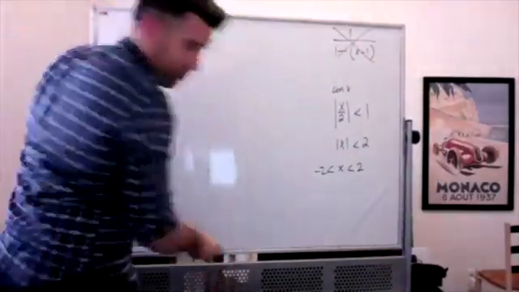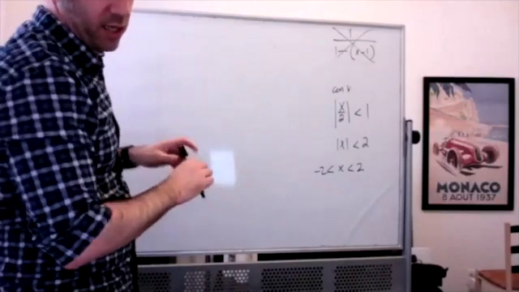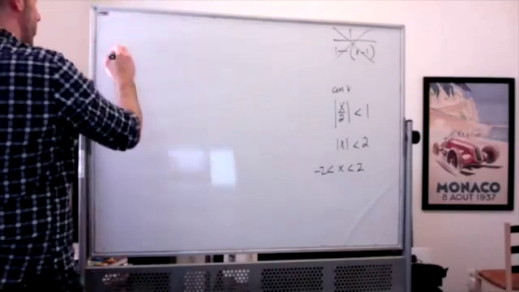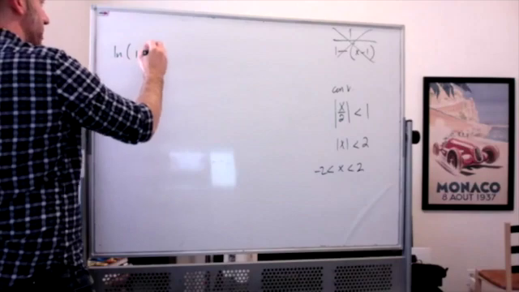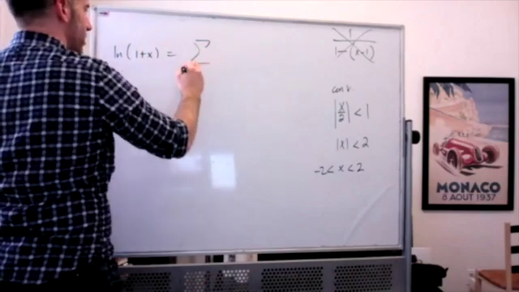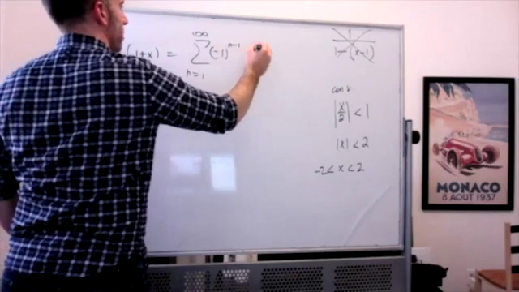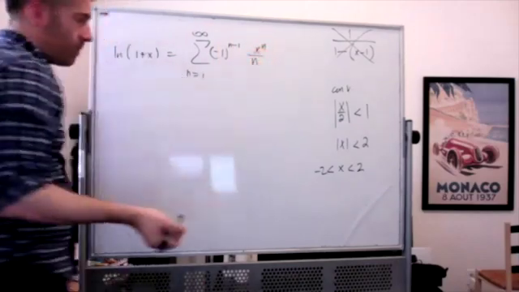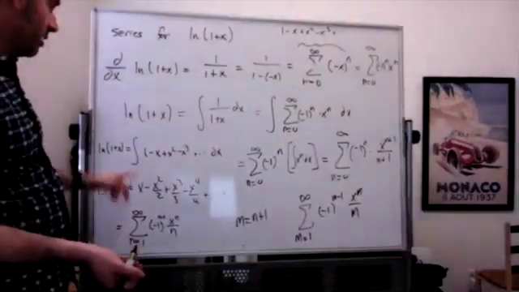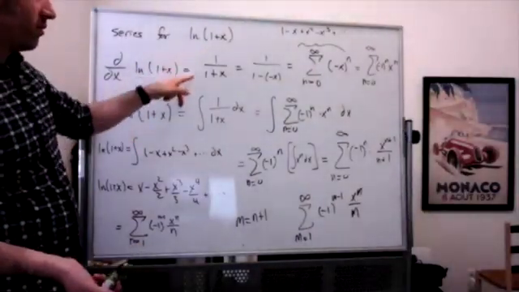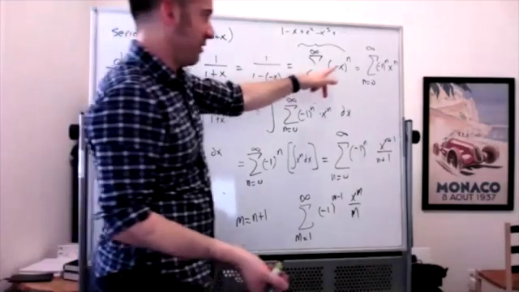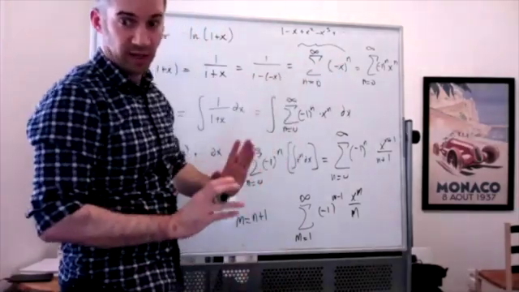We can look at this example just to show you. I have the natural log of 1 plus x equal to this. For the previous series, before we integrated it, the series of 1 over 1 plus x, which has ratio negative x, we know the interval of convergence there is from negative 1 to 1.